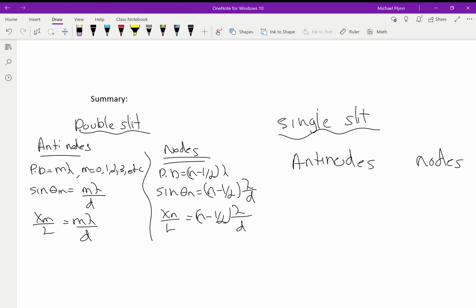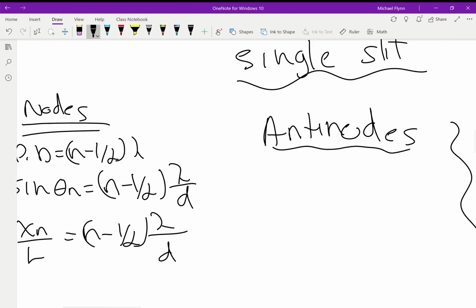I'm going to zoom in so I can write a little smaller. Here, if the path difference, it's kind of switched, m plus 1/2 times lambda, you get constructive interference.